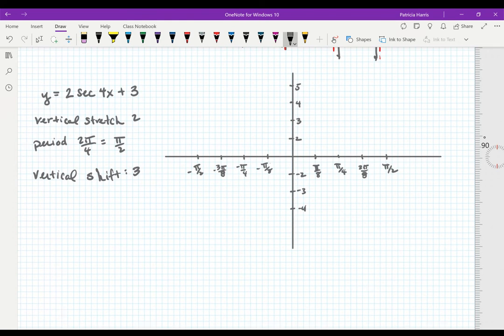Okay, so secant. Secant is the reciprocal of cosine. So we're going to start by graphing cosine with an amplitude of 2 and a period of pi over 2. So cosine. And again, if you're a little bit bored, you can fast forward me.